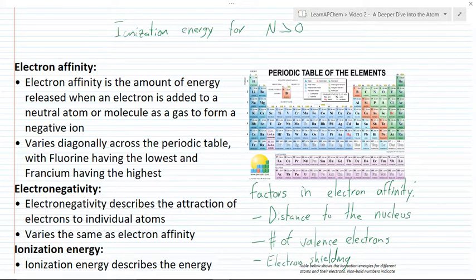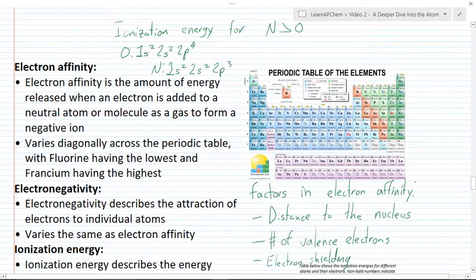This seems paradoxical to the general trend that as we go right, ionization energy goes up. Here we're moving right, and our ionization energy is going down. So what happened? Let me look at our electron configurations. For oxygen, 1s2, 2s2, 2p4. For nitrogen, we have 1s2, 2s2, 2p3.